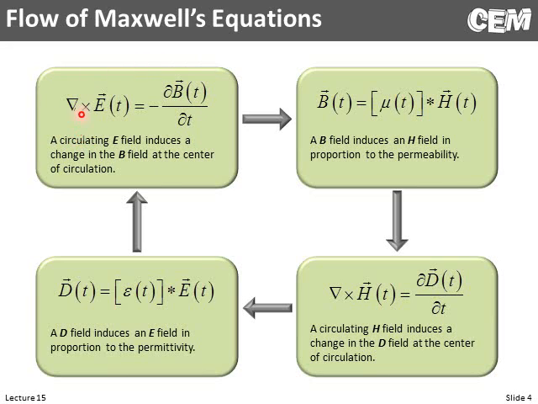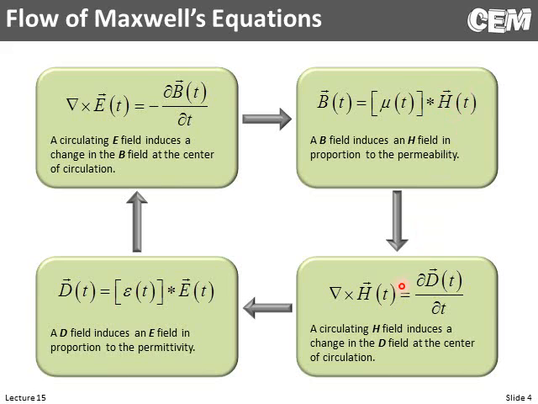What we'll do is we will calculate the curl of the electric field E. Based on the curl, we will know how quickly the B field is changing, so we'll know what value to add to the current values of B to update it, based on the curl of E. Once we have the new B field, we can use one of our constitutive relations to solve for the new H field.